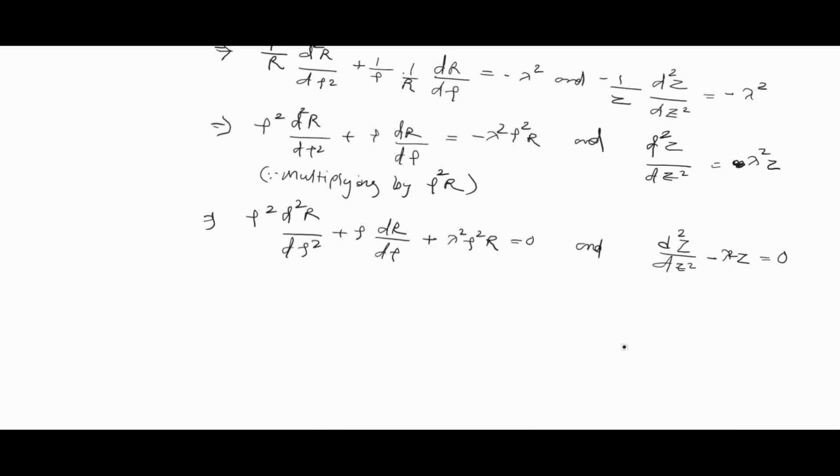These are the two required ordinary differential equations that we need to solve to find R and Z.